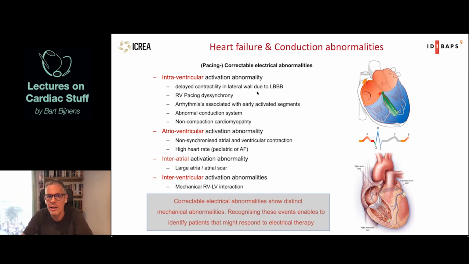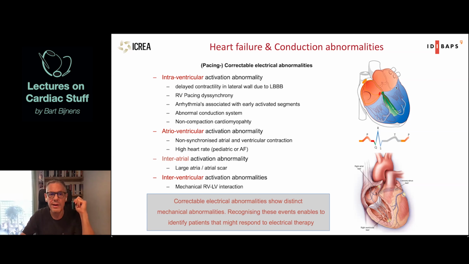As we can see, there are different etiologies that can lead to this. First is a true left bundle branch block, where there's a problem with the conduction of the whole ventricle. Then this type of abnormal activation can also be induced, for example by pacing, which gives an abnormal early activation not coming from the AV node and going through the normal system, such as a right ventricular pacemaker lead.